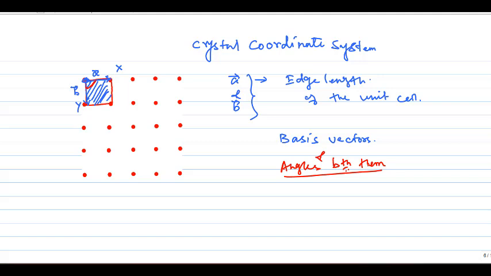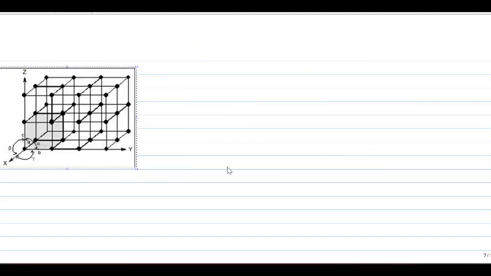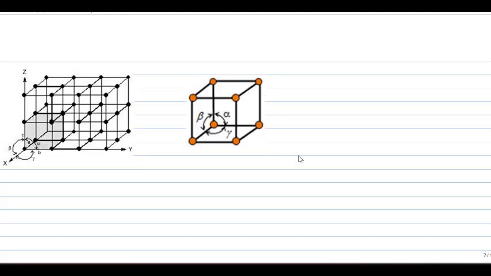Okay. If I consider this in 3D, then this will come across like this, right? So in the 3D, this is how the arrangement of the lattice points would be, how the lattice would be in the 3D space. So like what we have done in case of the 2D space, here also we can sketch out a small cell like this, right? The shaded one that you see over here. That's our unit cell in the 3D space.